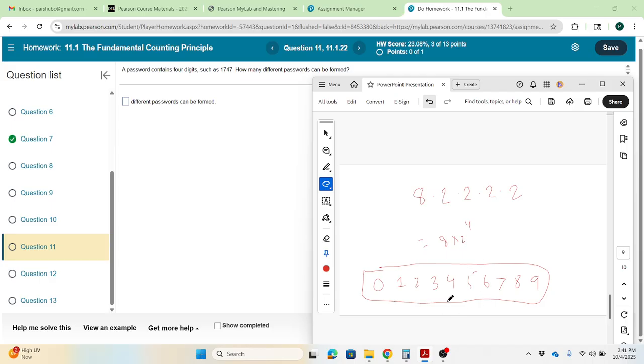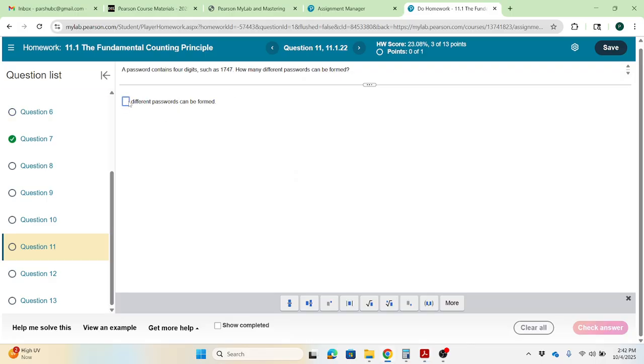You are going to pick 4 of them, so in every place, 1, 2, 3, 4, you can pick any of them. So there are 10 possibilities for the first digit, 10 for the second, 10 for the third, and 10 for the fourth. There are no other rules given here. So for each digit there are 10 different options. So it's 10 to the power 4, which is 10,000 different options.